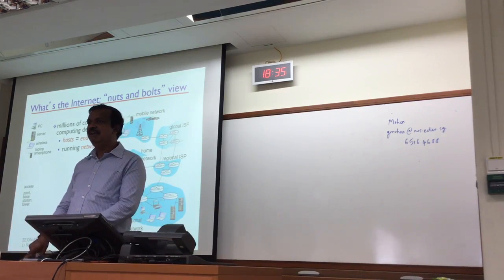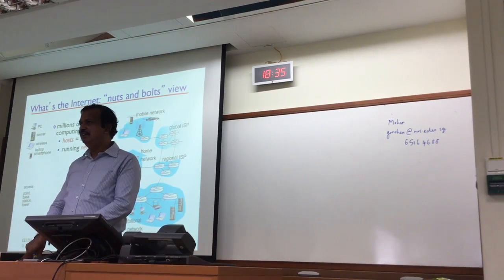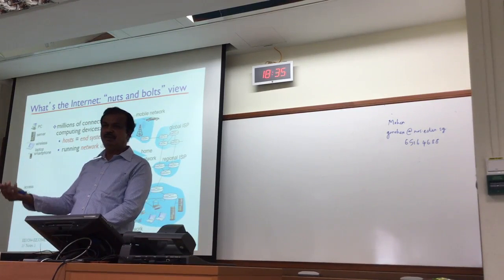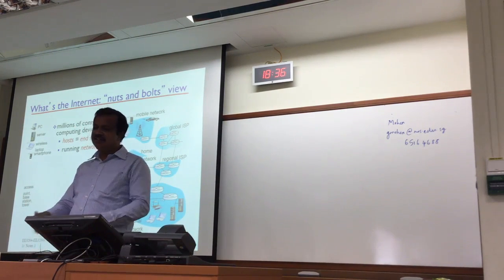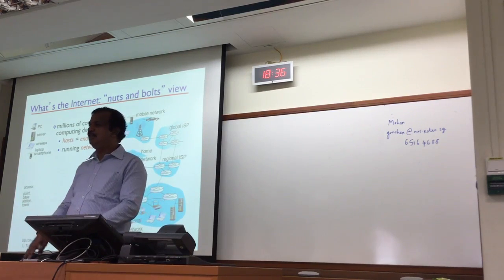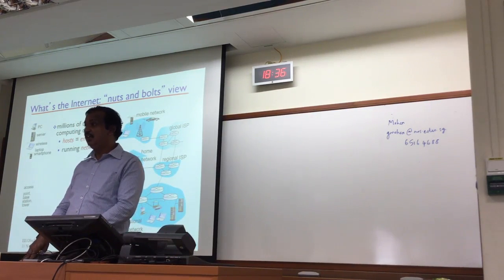The speed was said to be 56 kbps, kbps, not Mbps. Most of the time we got 1 or 2 kbps, so maybe we could read some newspapers here and there. And it's charged also.